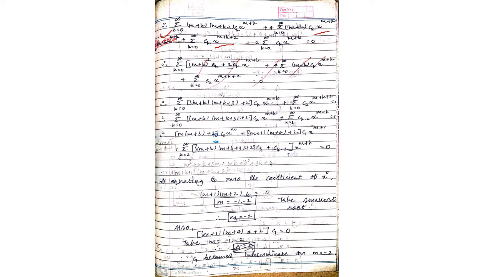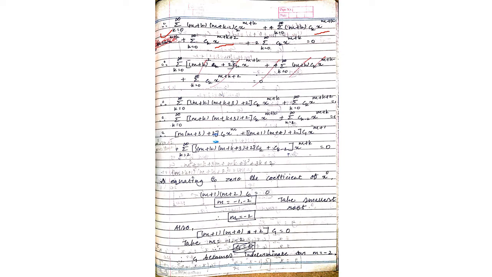you have to check whether there is any similar power of x or not. If yes, then just take out the common. So see the first, second, and the last term. These all have a similar power, that is x to the power m plus k. So just taking out the common terms.